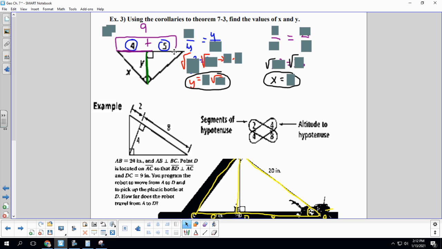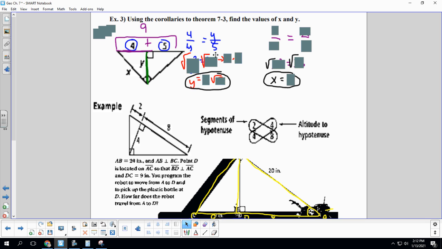The piece where the 2 happens, I'm going to put 4. And then the piece where the 8 happens, I'm going to put 5.